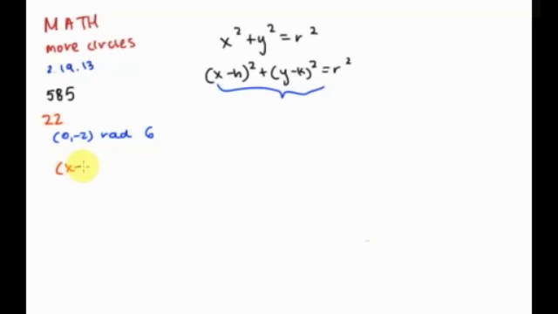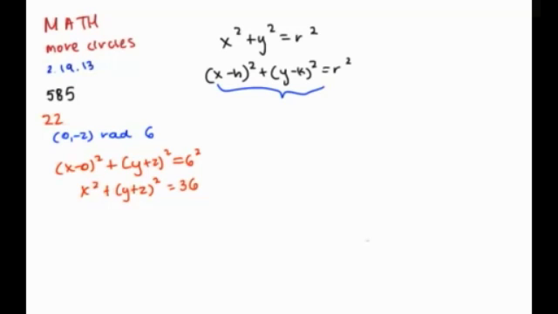So it's going to be x minus 0 squared plus y plus 2 squared equals 6 squared. This can just be x squared plus y plus 2 squared equals 36. No general form whatsoever, which is very nice.